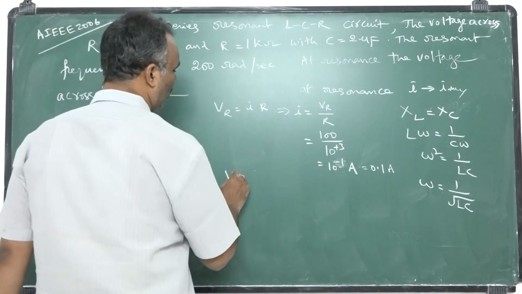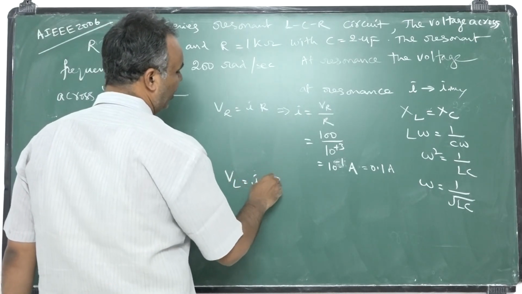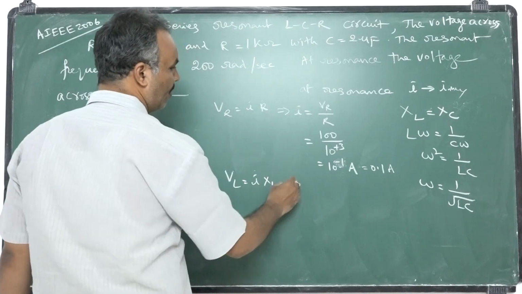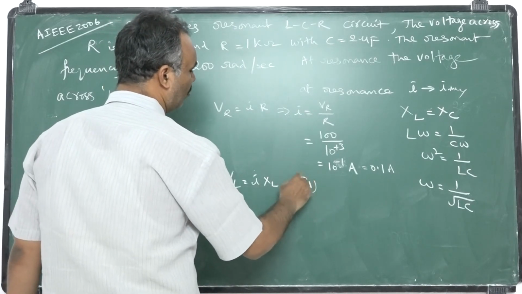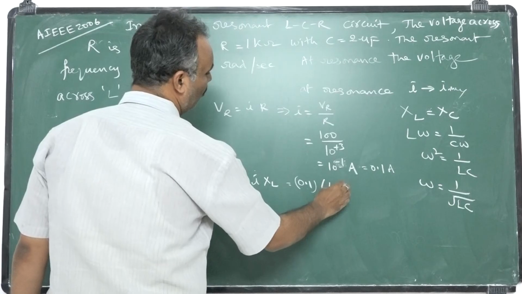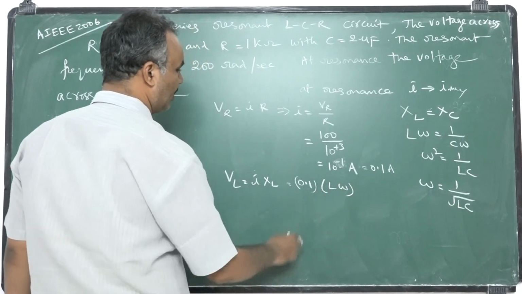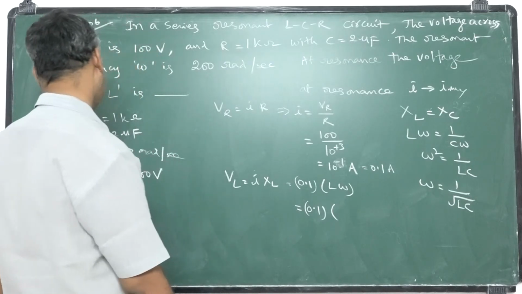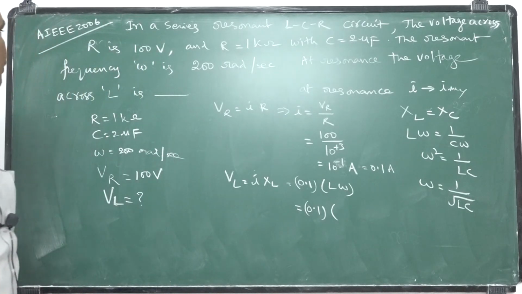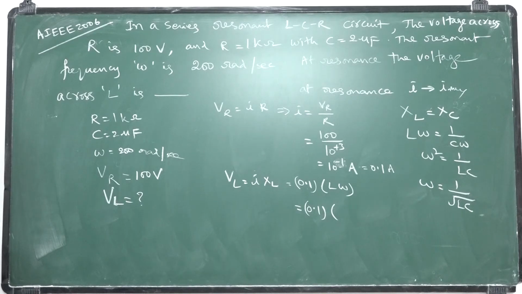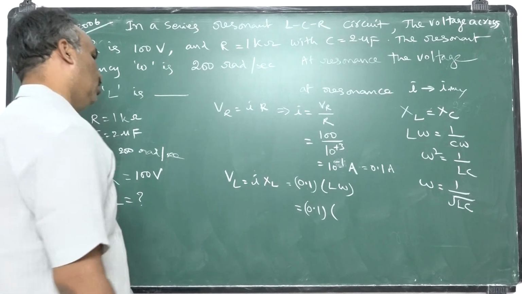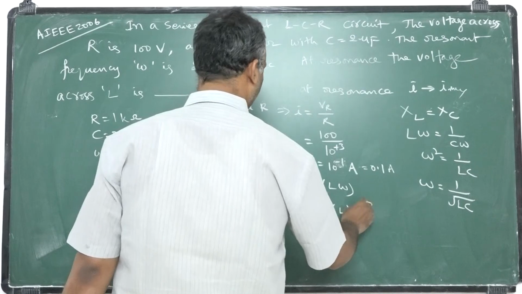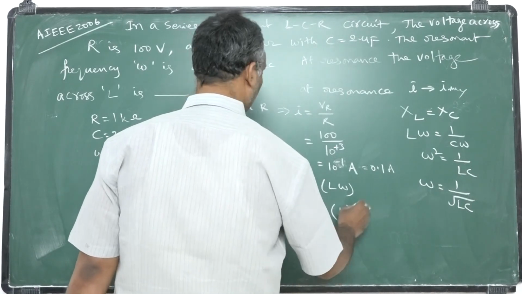Then voltage across inductor is I into XL. Current value just now I found as 0.1. XL means L omega. That is 0.1 into L value. They did not give L value, they gave R value and C value.